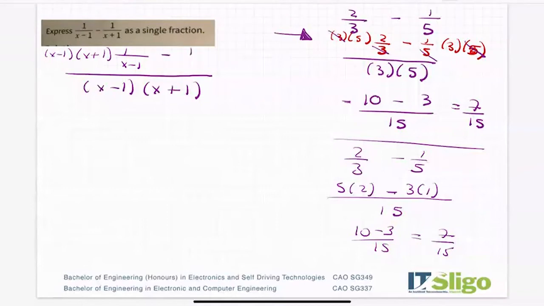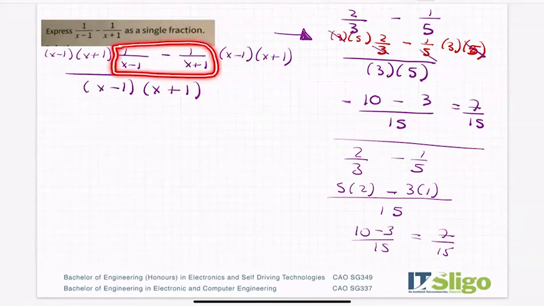And then put on my common denominator as such. So all I've done is that's my old equation basically, and I've just multiplied above and below by the same thing. So in effect, just like before, when you multiply above and below by the same thing, you're only multiplying by 1.